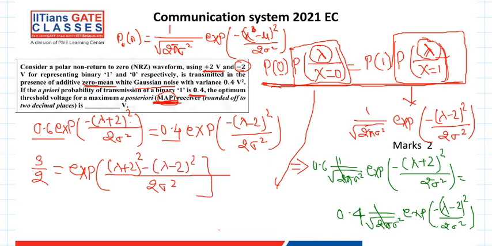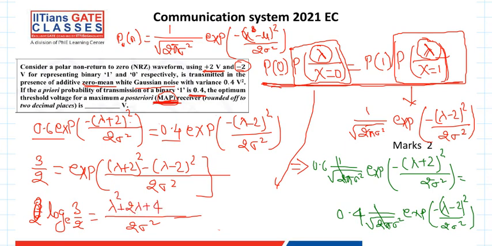Let's take the log on both sides, so it will be log base e of 3 by 2 equals 1 upon 2 sigma square times. Let's expand this: lambda square plus 4 lambda plus 4 minus lambda square plus 4 lambda minus 4. So the lambda square terms and the constants will get cancelled out.